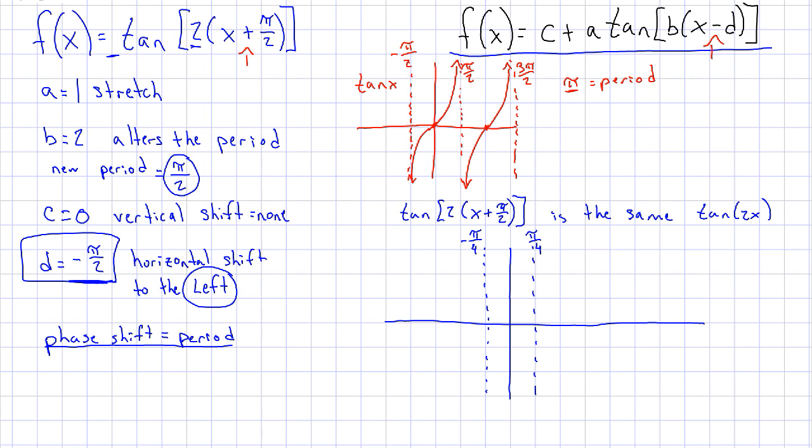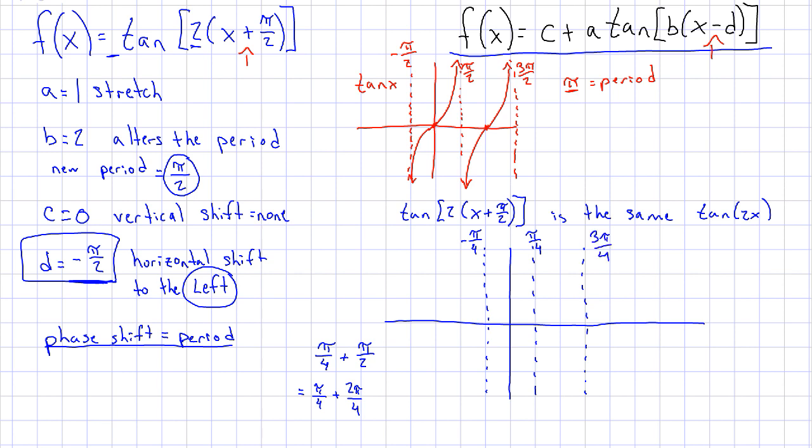So I'm going to do pi over 4 plus pi over 2 to get my next asymptote, because that is my full period. And in order to do this, I have to have the same denominator. So I'll have pi over 4 plus 2 pi over 4. That'll give me 3 pi over 4. So my next one here is 3 pi over 4.